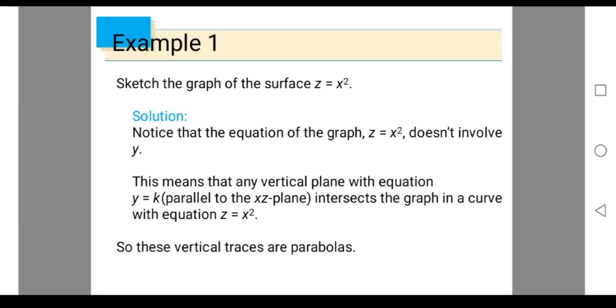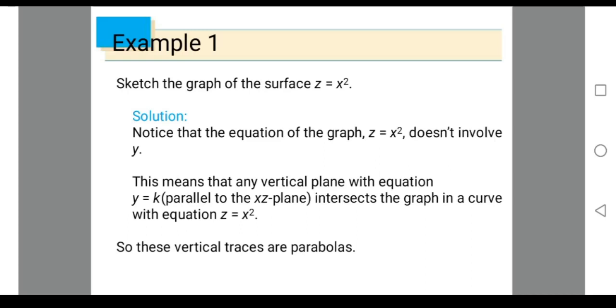Before this, I would like to give you a key tip to determine whether an equation is about cylinders or surfaces. First, whenever the equation has two variables, it would be a cylinder. Since it's 3D, we have three axes, three dimensions.